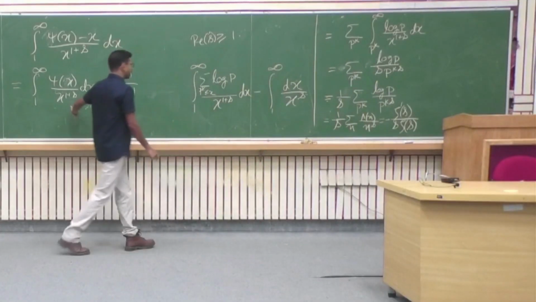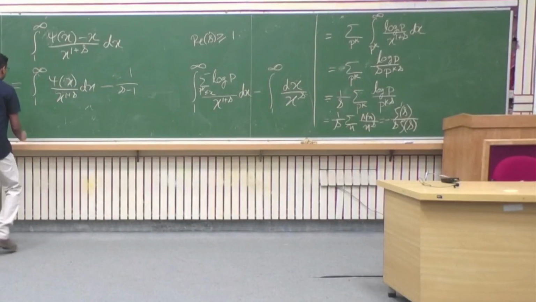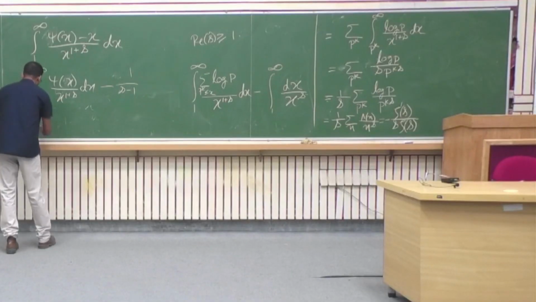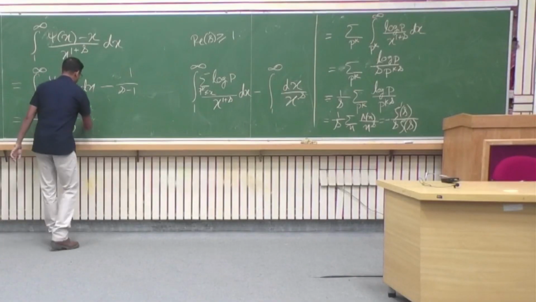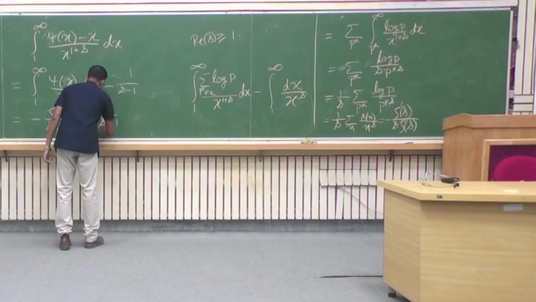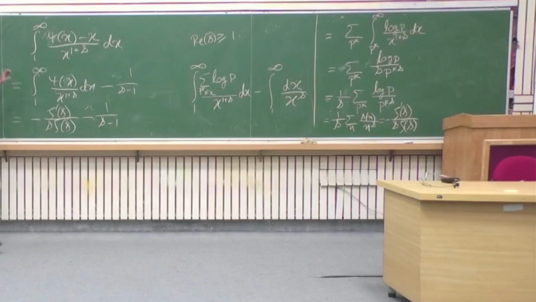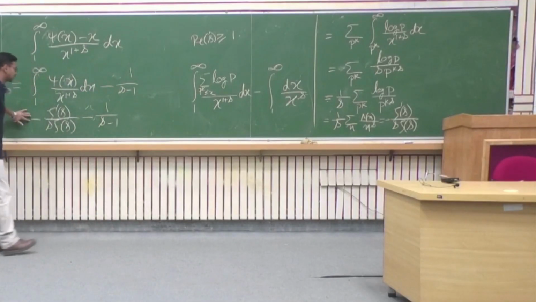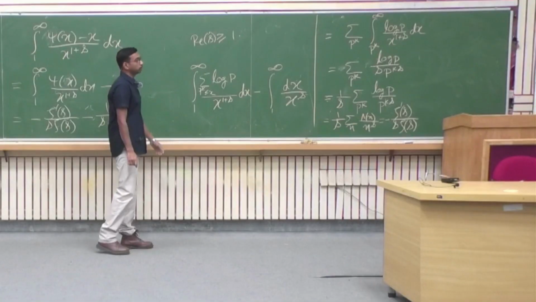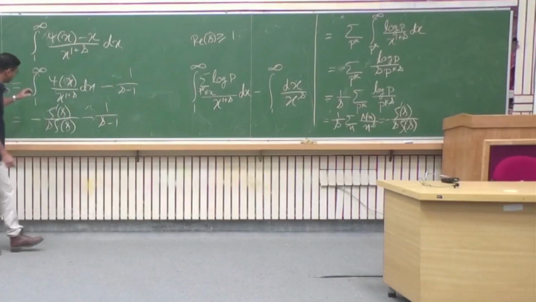That is the first integral here. So this is minus zeta dash s by s zeta s, and here is a minus 1 by s minus 1. So in order to show that this is analytic in this region, we have to show that this is analytic in that region. At first, we're going to check what happens precisely at the point s equal to 1.